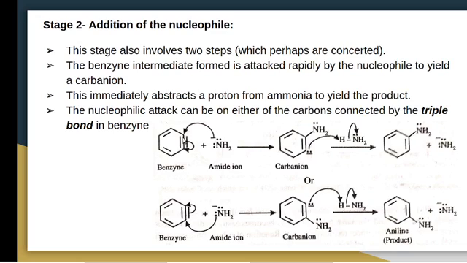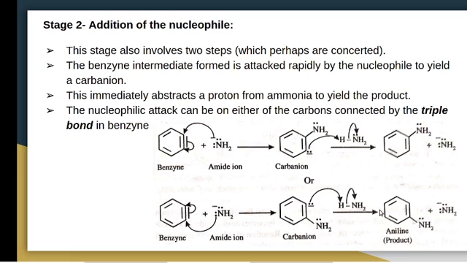In this case, the attack of the nucleophile is on this carbon. In this case, the attack of the nucleophile is on this carbon. So there are two possibilities. One is on this carbon and another attack is on this carbon. So there is a possibility for the formation of two products.